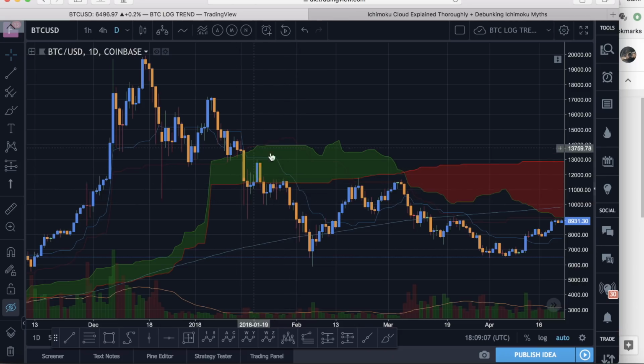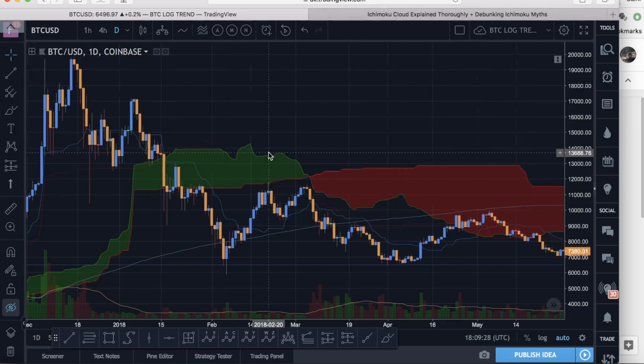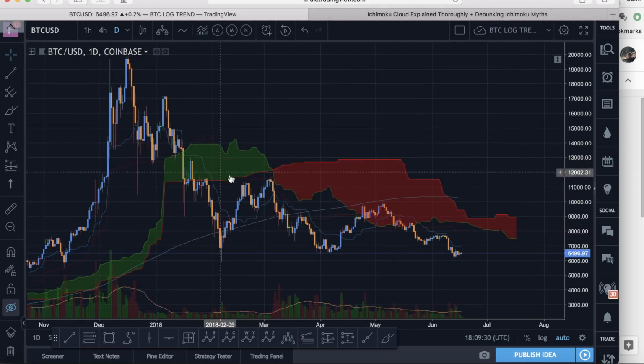I mean, this acted as a support and resistance area, but eventually the bears did gain their control and took us down to $6,000. But what you can see from this chart really clearly here is that Bitcoin has had the opportunity to pass up and cross above this cloud, but instead it broke down. So that is a very bearish sign. And of course, since then we've been on this constant decline.